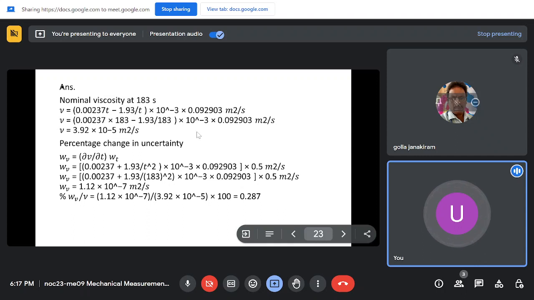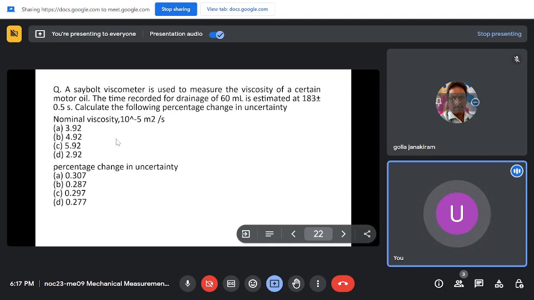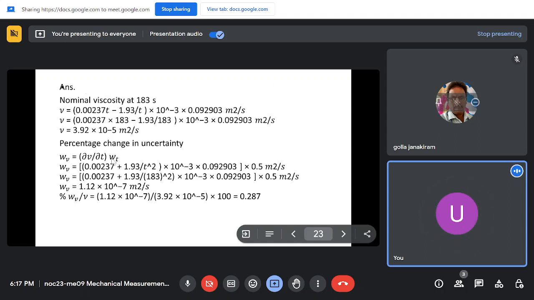In this case, we substitute time 183, and we also know w t as per the question, which is given as plus or minus 0.5 seconds. So the uncertainty in time is 0.5 seconds. We substitute that in this equation, with time as 183. On substitution, we get the uncertainty in nominal viscosity as 1.12 into 10 power minus 7 meter square per second.